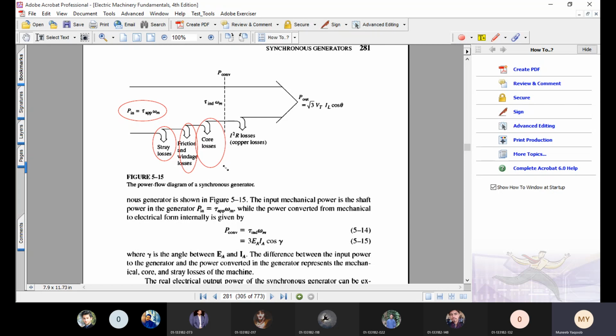Now, after these losses, the remaining mechanical power is being converted into electrical power. That's the reason the author has written P converted.